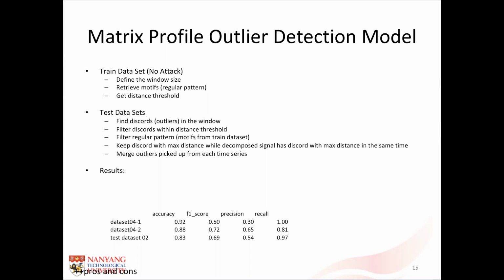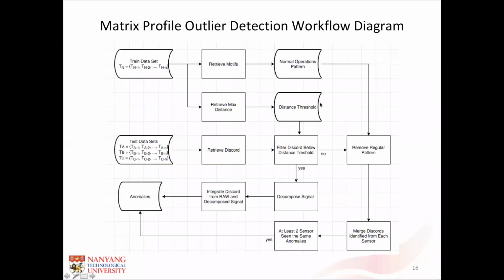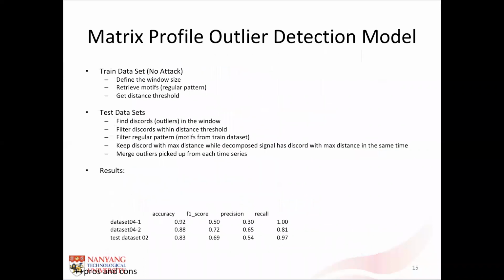After we have all this prepared, we look at the testing data set. For the testing data set, we first find a large number of discords, and then compare them with the distance threshold we found in the training data set. Then we can filter out a lot of the discords.